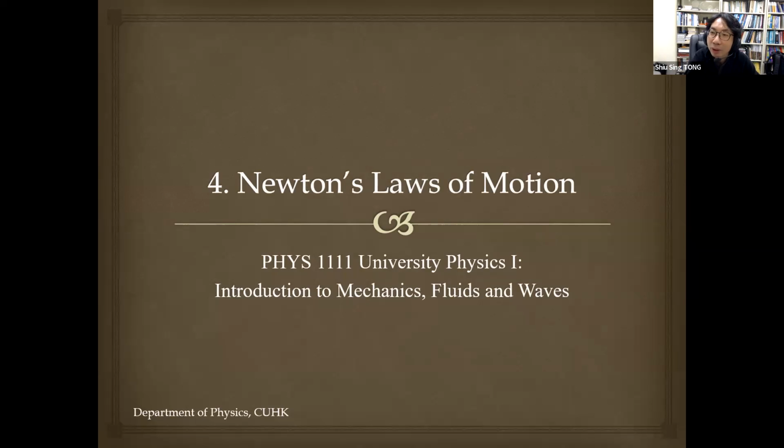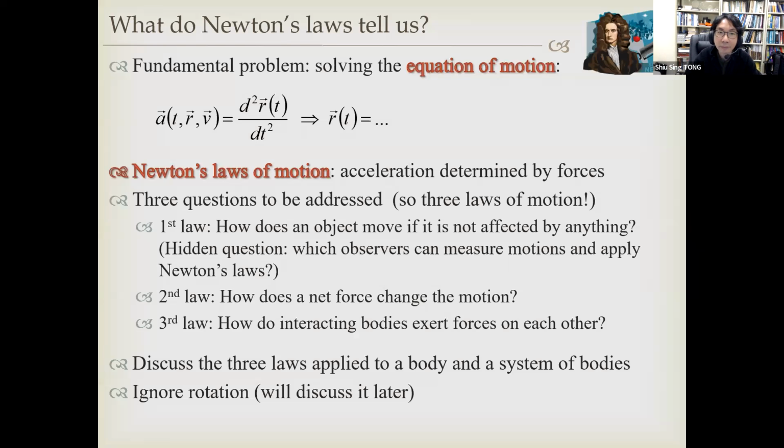After discussing a lot about kinematics and dynamics, we now involve the force, and involving the force is just the dynamics of the problem. In a previous chapter, we mentioned that the fundamental problem of mechanics is to solve the equation of motion.